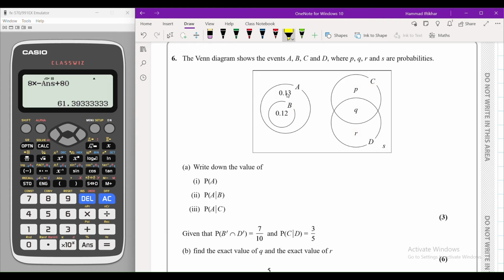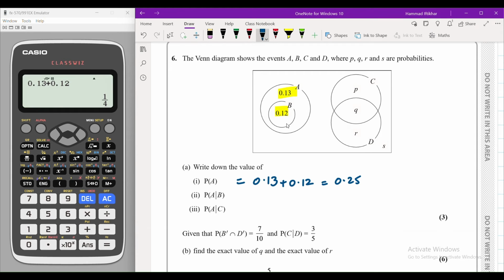Now, the probability of A is a combination of this and this, because B is part of A also. So it's going to be 0.13 plus 0.12, that is 0.25.